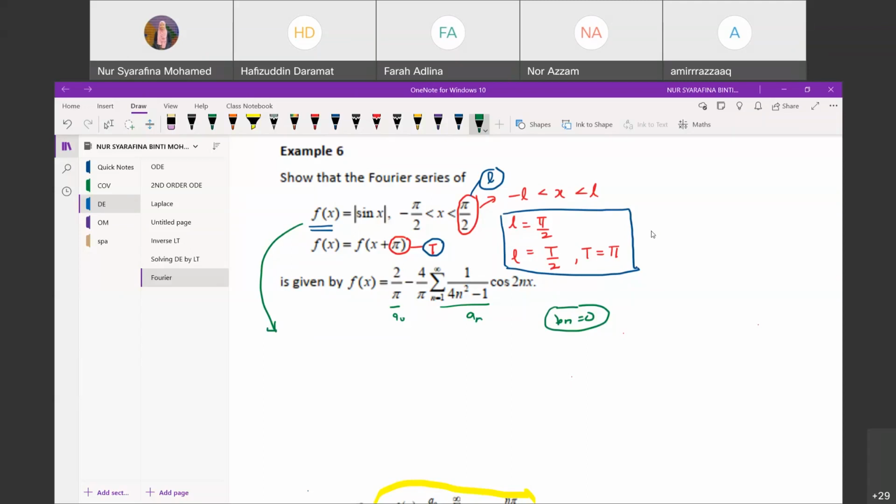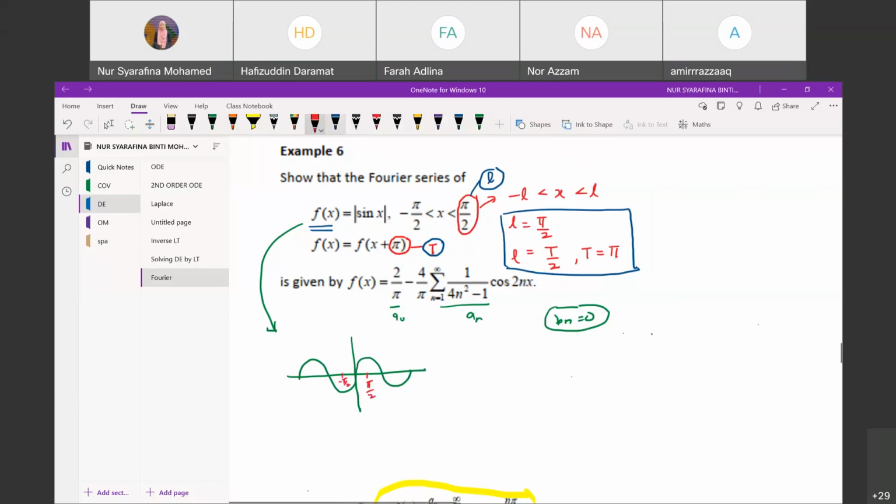Even. Okay, so when Bn is 0, you know that the function is even. Graphically, you need to illustrate the modulus of sine. This is the graph of sine, and we want our limit to be minus pi over 2 to pi over 2. So this is pi, this is pi over 2, this is negative pi over 2.